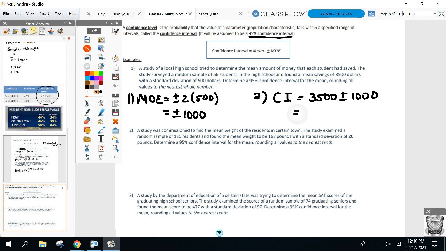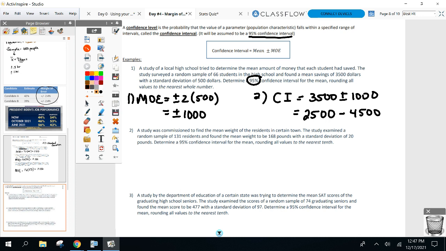So 3,500 minus 1,000 is 2,500, to 3,500 plus 1,000, which is 4,500. Here's what it means. We are 95% confident that at this local high school, the average student saves between 2,500 and 4,500. On average. It's a pretty good confidence level, 95%.